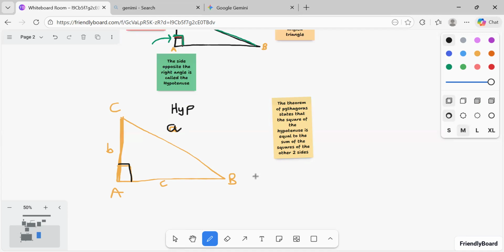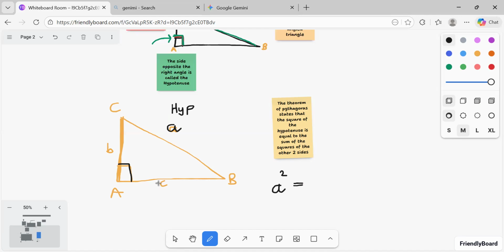So the theorem of Pythagoras states that the square of the hypotenuse, which happens to be A squared, is equal to the sum of the squares of the other two sides.